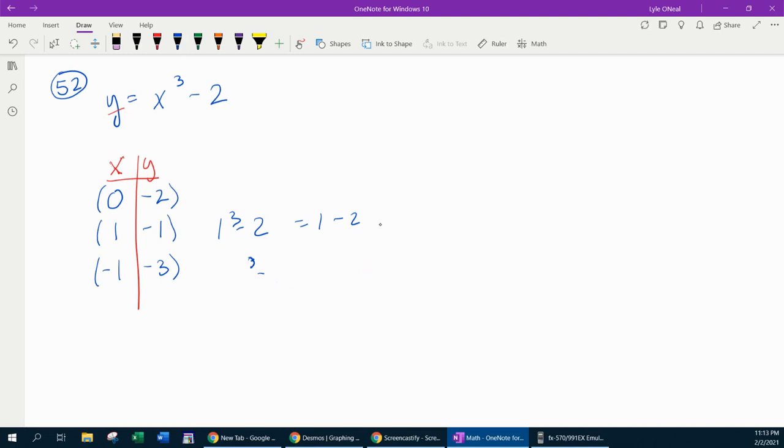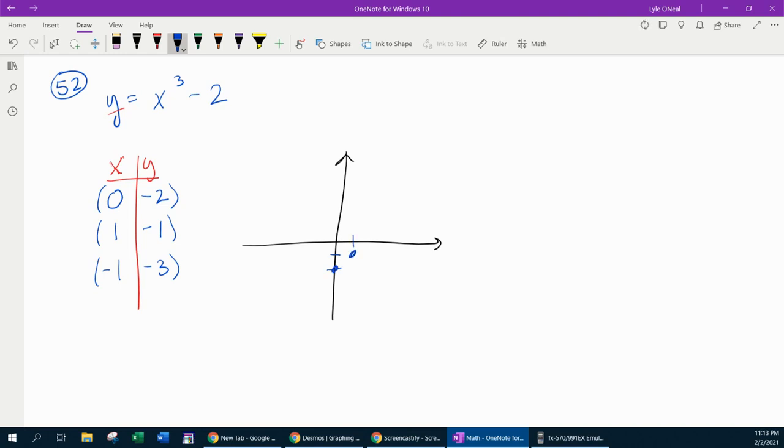And so what I'm going to do, a lot like I did on the quadratic, I'm going to stop at 3 points. I'm going to plot those points and see how much of the squiggle I can see. 0, -2.